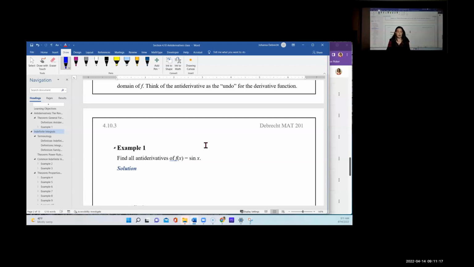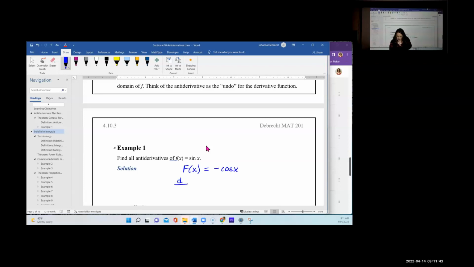So when I'm thinking about that, the derivative of something gives me sine. Well, I know the derivative of cosine is negative sine. So other than the negative, that's the right value. So I need to multiply cosine by a negative. So I say that the uppercase F of x, the antiderivative function, is negative cosine of x.